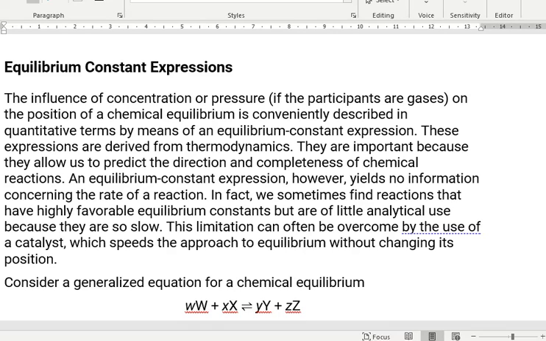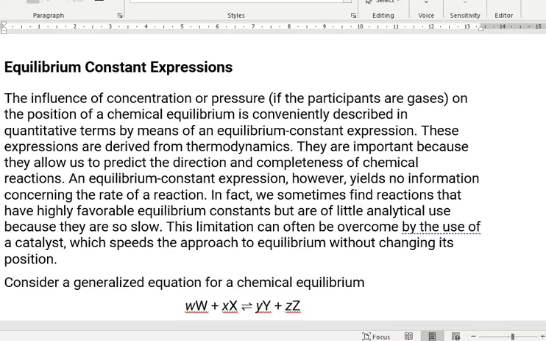Okay? So, it's good that we have that idea. Because that is the concept. Le Chatelier's principle gives us a conceptual picture of how the equilibrium will react once the system is disturbed.